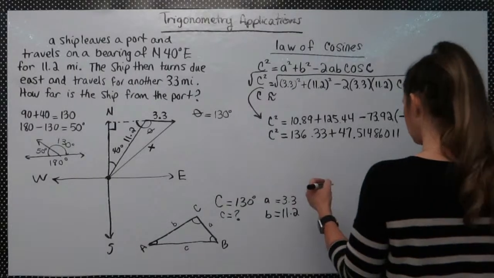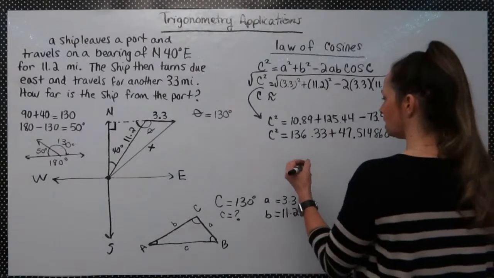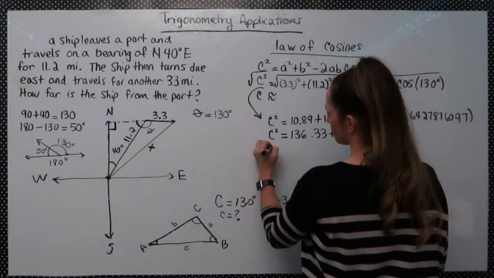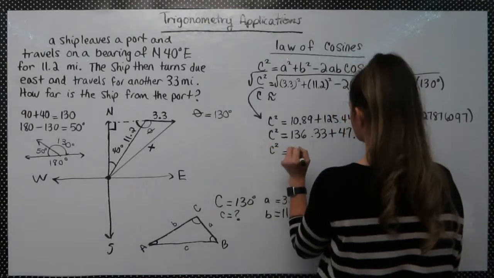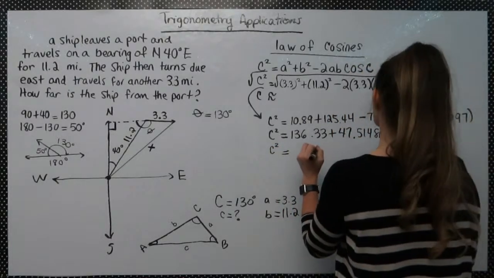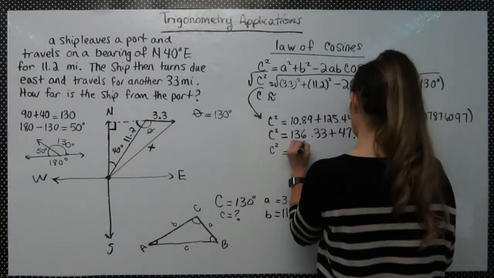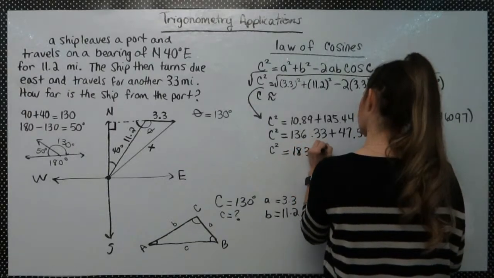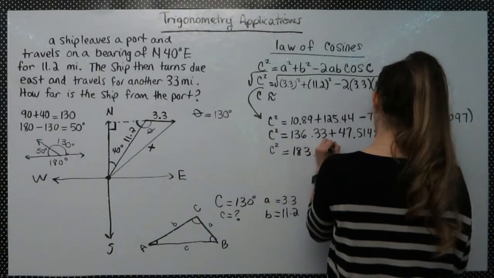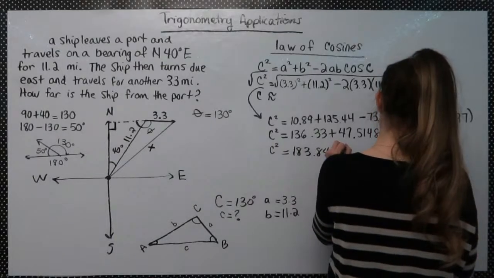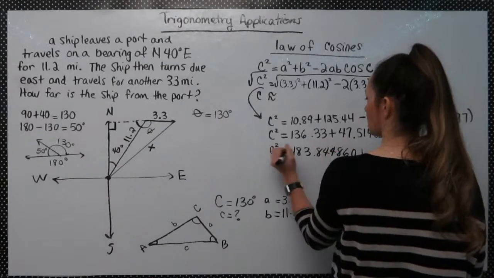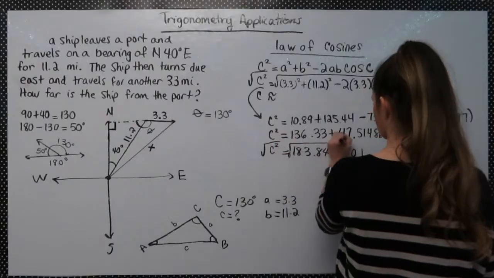And I'm getting approximately 183.8448601. And at this point, you would just take the square root of c squared.